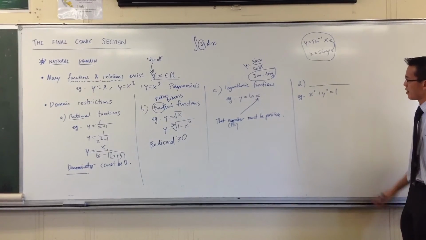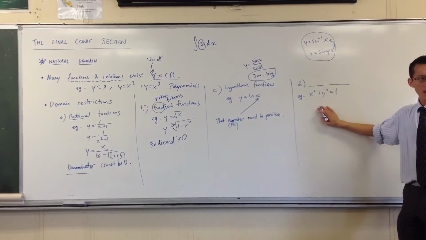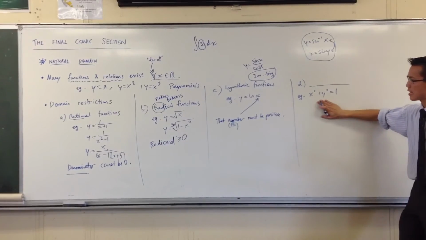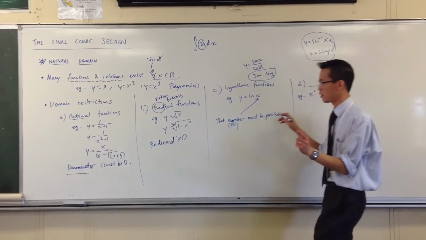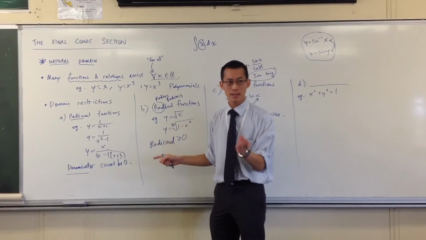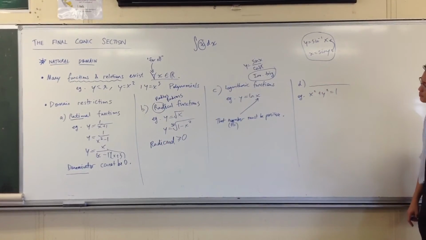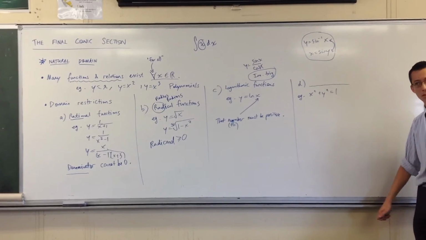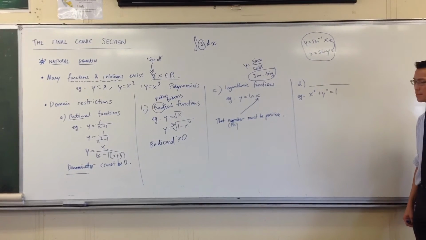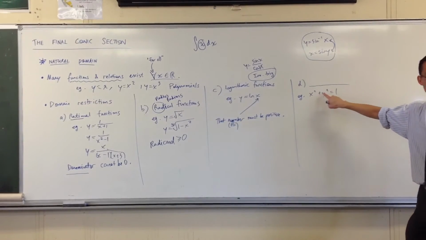Fine. Okay. Now, I think there's some logic here in saying that this is kind of close to the radical function, isn't it? It's kind of close. Why? Why is it close? I could rewrite this, couldn't I? Yes, I could rewrite this.